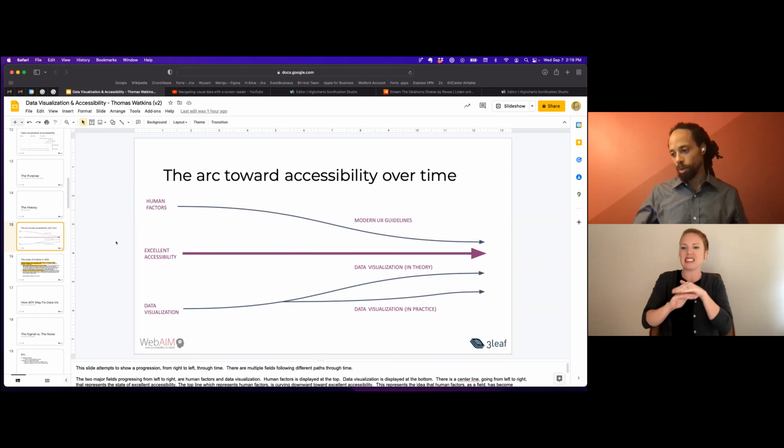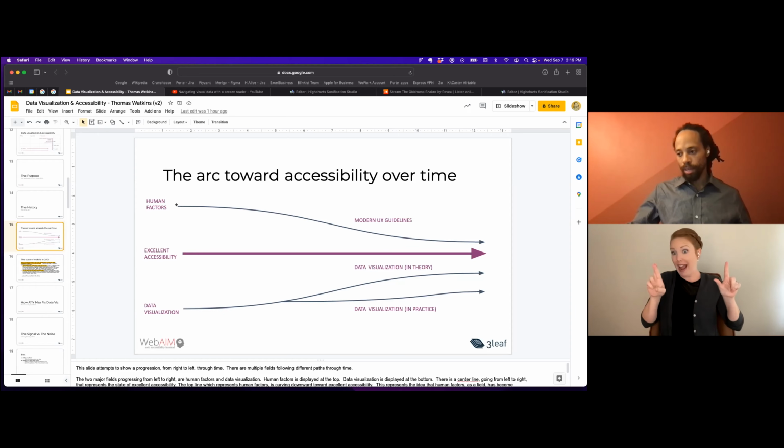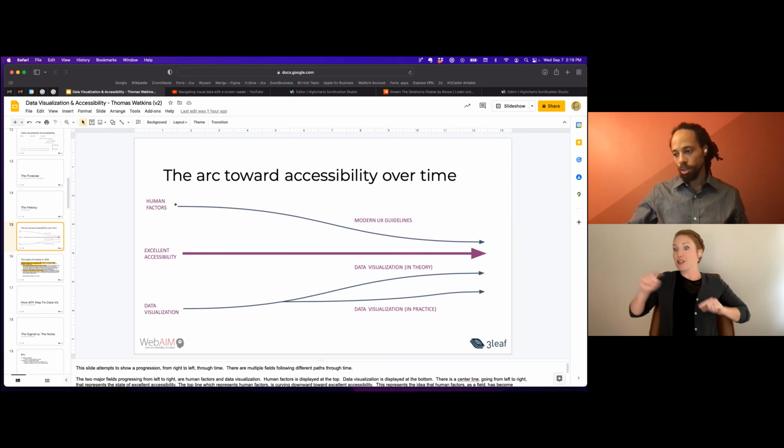It's the goal of where we would want to get. And as we go from left to right, we're moving forward in history. So I have an arrow representing data visualization that starts off far away from the ideal center arrow and then gets closer to it over time. And then the same thing with human factors.